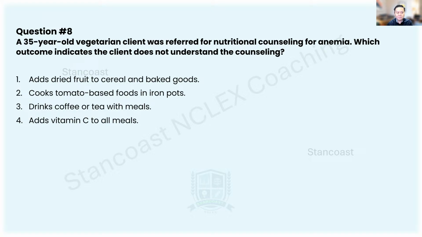Which outcome indicates the client does not understand the counseling? Is it 1, adds dried fruit to cereal and baked goods? 2, cooks tomato-based foods in iron pots. 3, drinks coffee or tea with meals. And 4, adds vitamin C to all meals. What do you think?